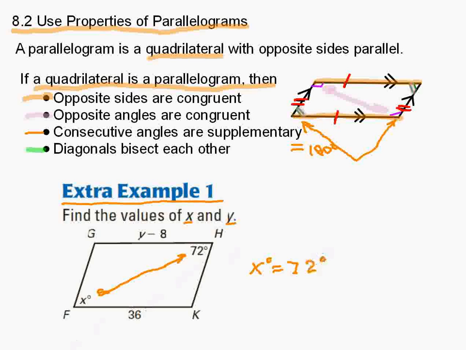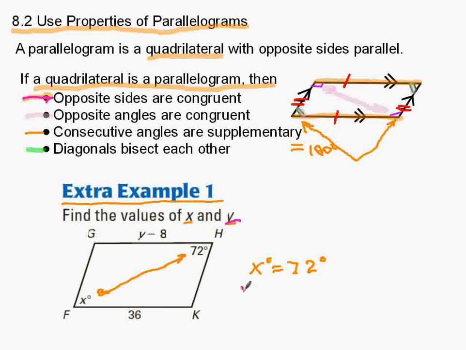Now let's go on and see if we can work on the second part of this problem, where they've asked us to find y. So they've given us this side GH, and they say that that equals y minus 8 in length. And then the side that's parallel to it here, the opposite side, is 36. So this very first property up above here says opposite sides are congruent. So we're going to go ahead and use that property.